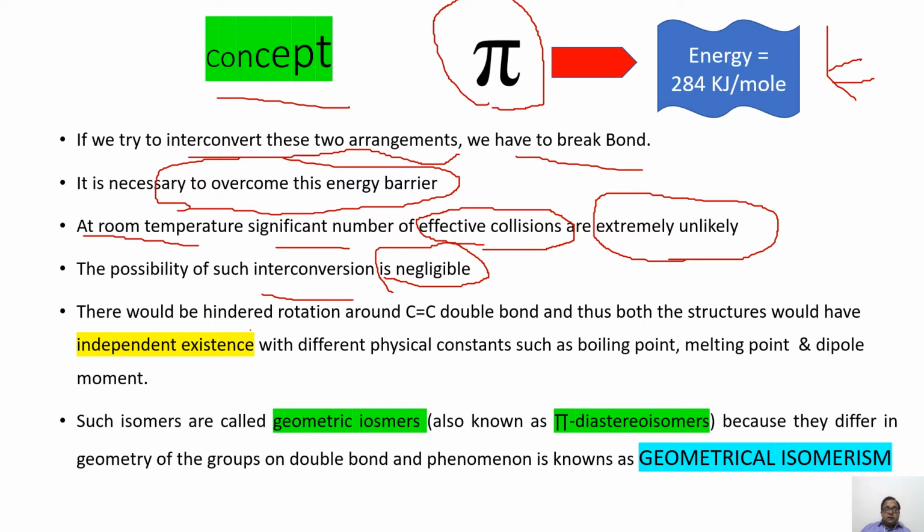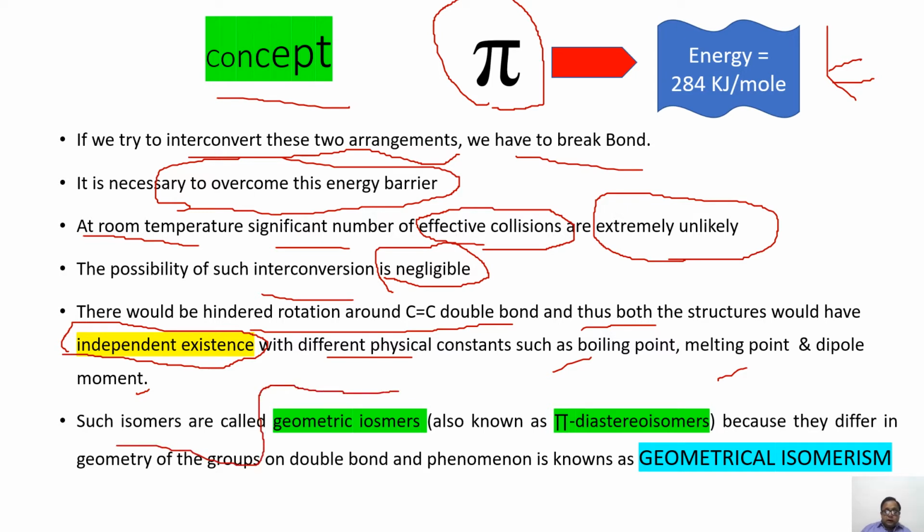So there should be hindered rotation about the C-C double bond, and thus both the structures would have independent existence. Please mind, both the compounds should have independent existence with different physical constants like boiling point, melting point, and dipole moment. And if such a situation arises, these types of isomers are called geometric isomers and are also known as pi diastereomers.